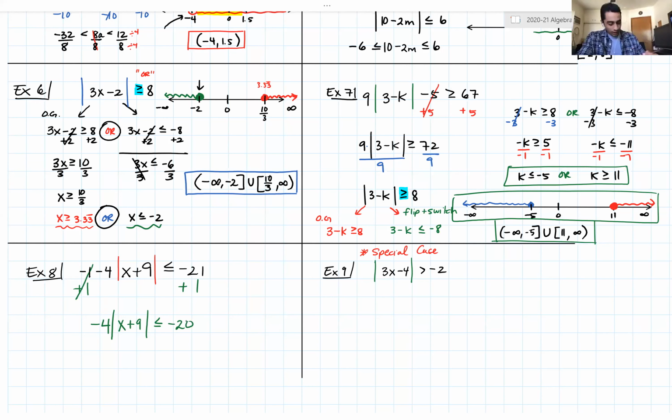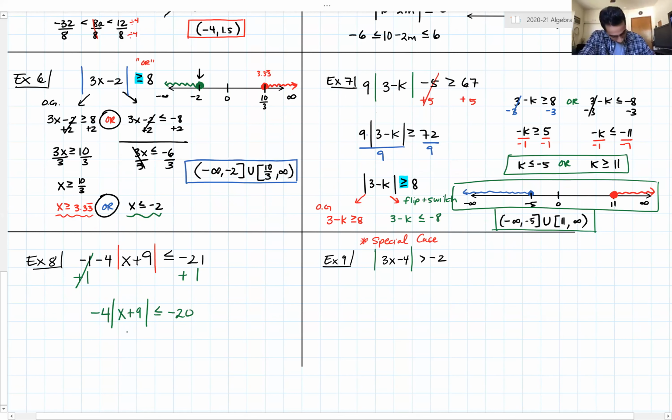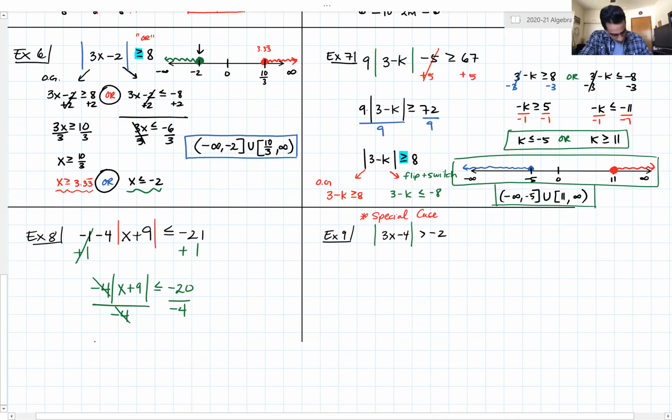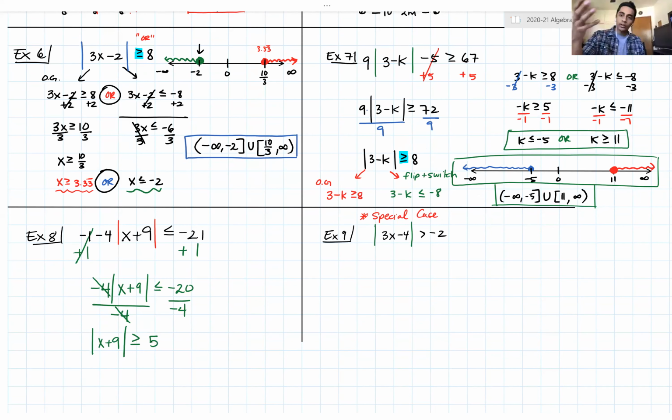But once we clean up and get the absolute value by itself, by dividing by -4, now this and inequality becomes an or inequality. So now we have the absolute value of x plus 9 is going to be greater than or equal to 5. So we want our distance to be greater than or equal to 5. And now we know, from here, I just split it up. I create 2 equations, one original, one switch and flip, and then I move on. Okay, so let's do that.